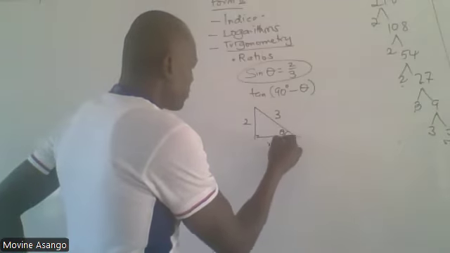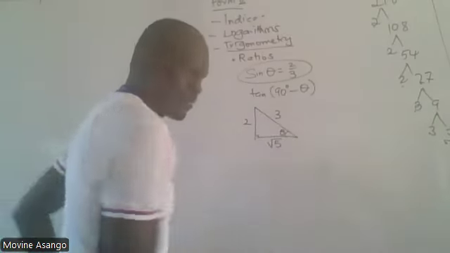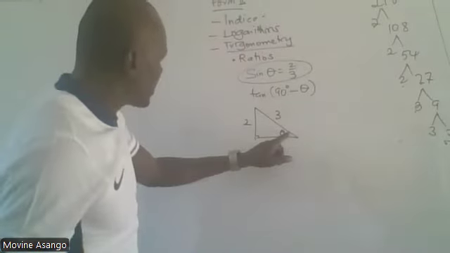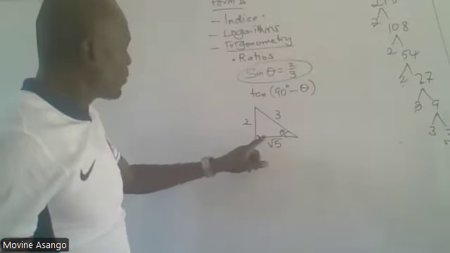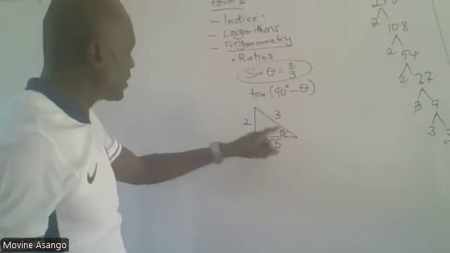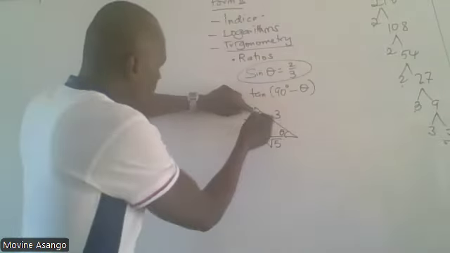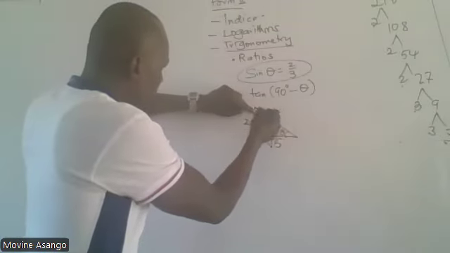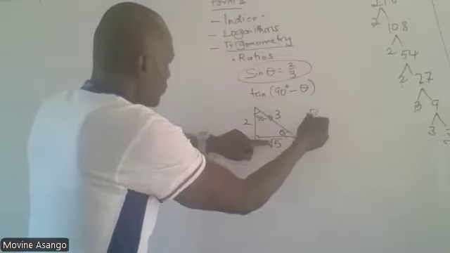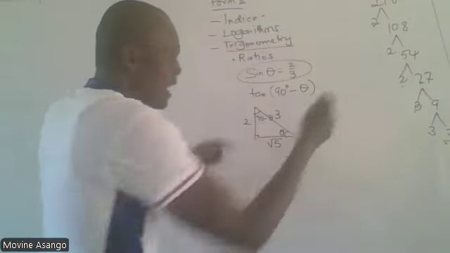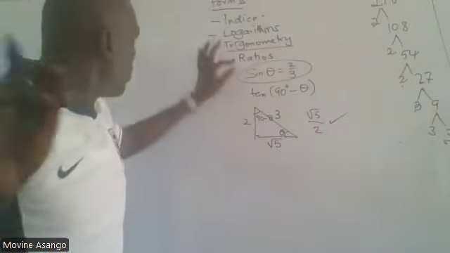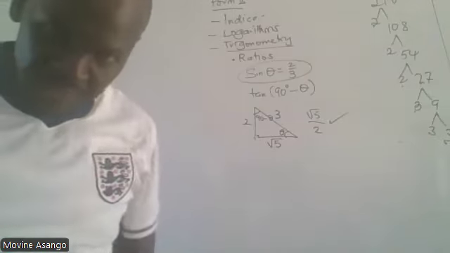Root of it becomes the adjacent. So if this one is theta and this one is 90, from the complementary sides here, it means this one is 90 minus theta. So tan of this angle, which is 90 minus theta, is opposite over adjacent. And you get your answer. So the application of ratios is important.